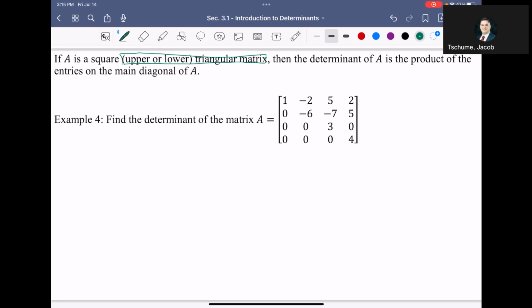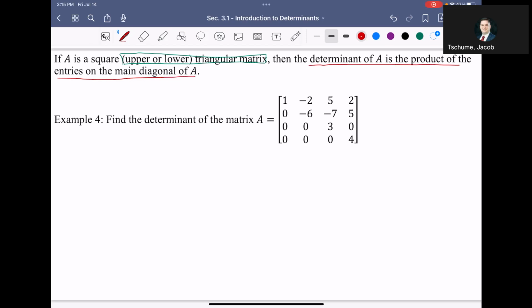This also works for a lower triangular where everything above it is 0. We don't do lower triangulars as much because typically we prefer upper triangular because that's also known as echelon form, right? If that's the case, and you can see that a matrix is in that form, then the determinant of A is just the product of the entries on the main diagonal of A.